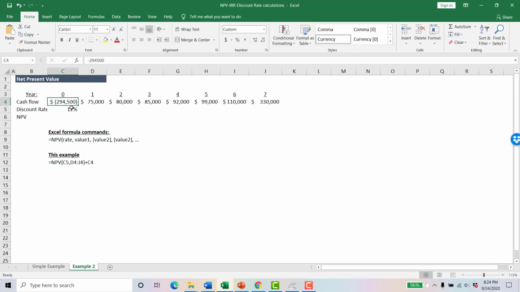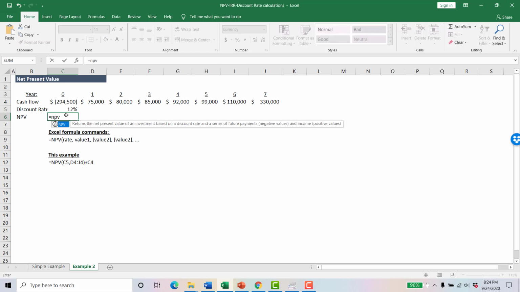Okay, so we have our initial investment of $294,500, and then we've got our cash flows that we're forecasting that we're going to make with this laundromat over the next 6 years. In year 7, we sell the business for $330,000, which is 3 times our annual cash flow. So to get the NPV, there's going to be a small difference between what we did before.